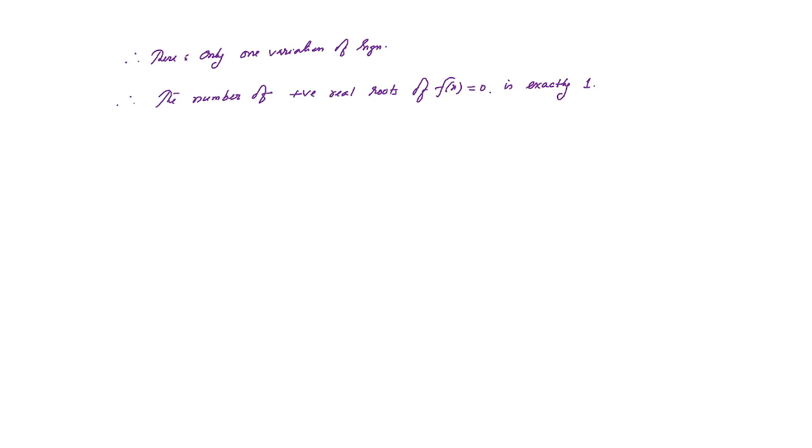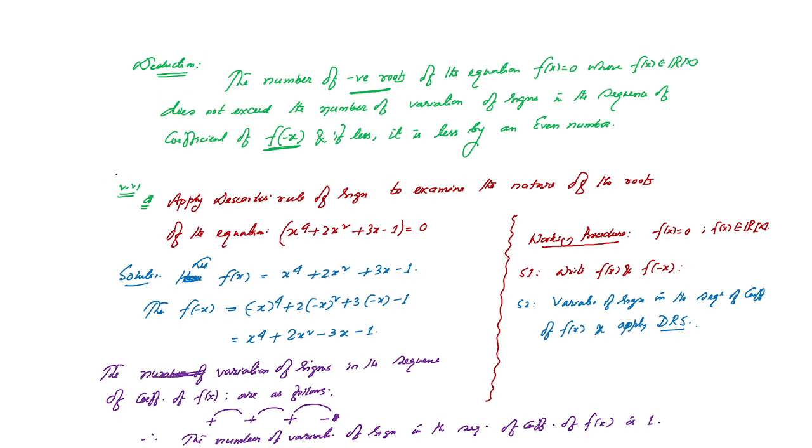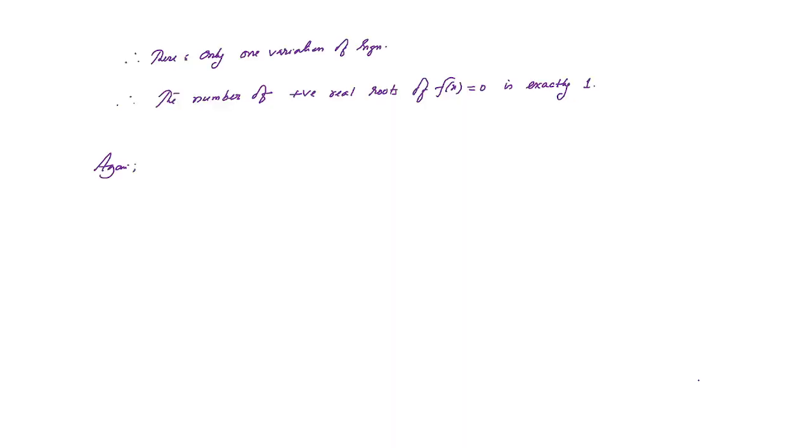Again, we will see the number of variations of sign. Next, step 3. Now we will check the variation of sign in the sequence of coefficients of f of minus x, and we apply Descartes' rule of sign. This will be our step 3.